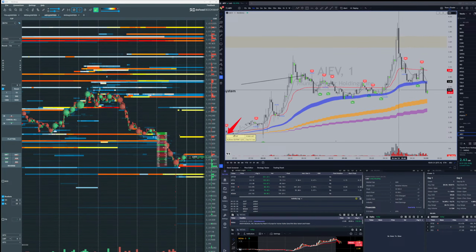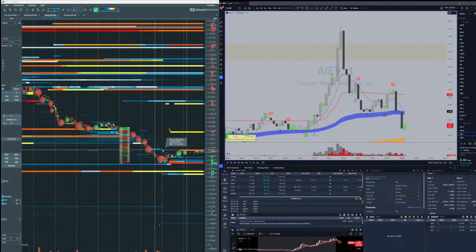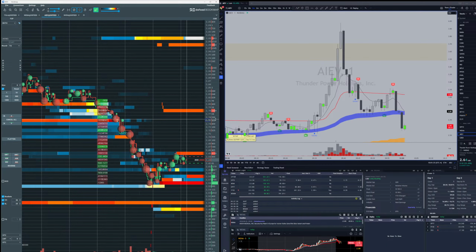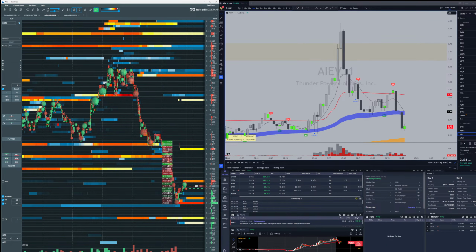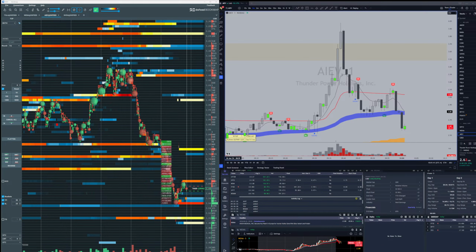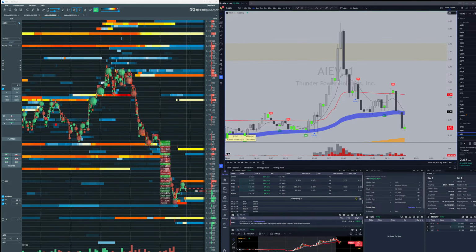Yeah, I broke over here with the J lines. More sellers over here. Look at the breakdown. That's amazing. I love to see those breakdowns over here, right? Wow. Beautiful.